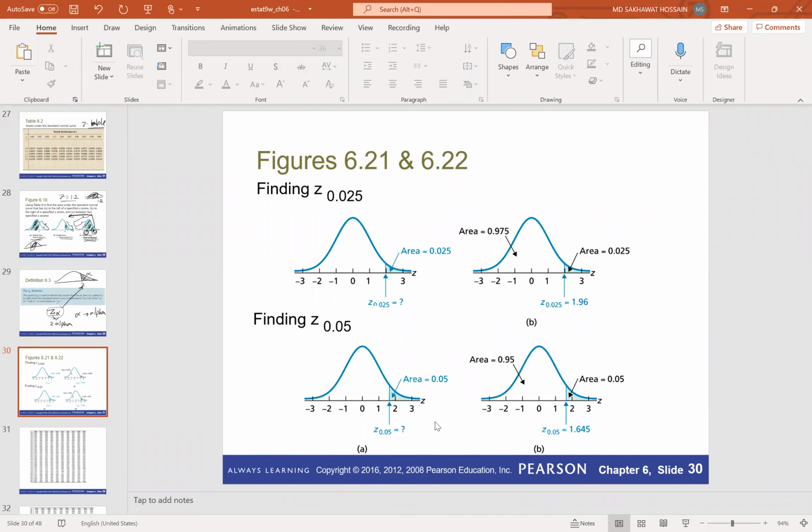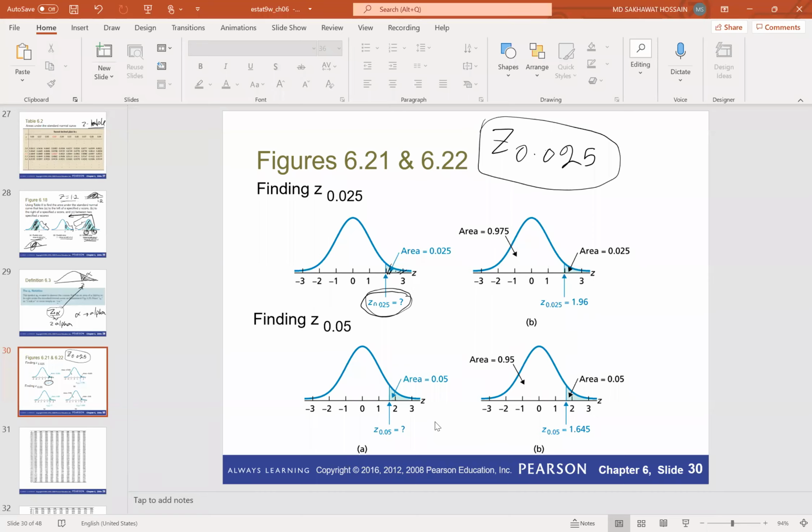Okay, so finding Z 0.025. How can we find this value? Z 0.025 means this is a z-score where the area on the right side is 0.025. So we want to find this z-score. Similarly, the second one is Z 0.05.